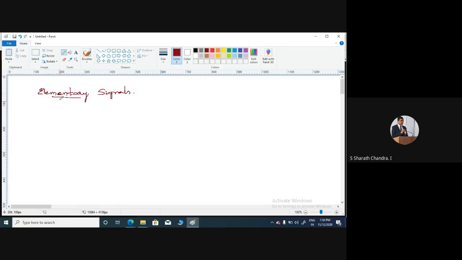The standard signals that we are going to discuss in this lecture are, so there are a variety of elementary signals, but I would like to start with a unit step signal.